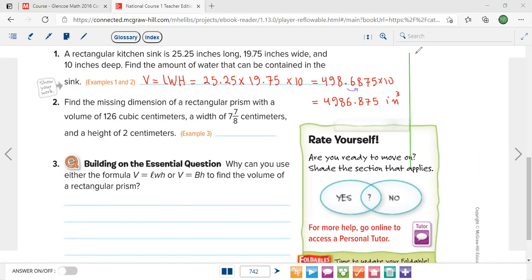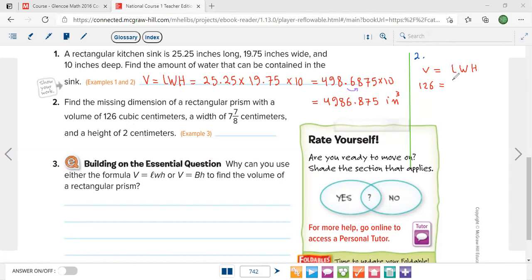Here problem 2. We all know that volume equals length times width times height. So in the place of the volume, on the left hand side, we will put 126 and the width is 7 and 7 over 8 and the height is 2, so we need to find the length.